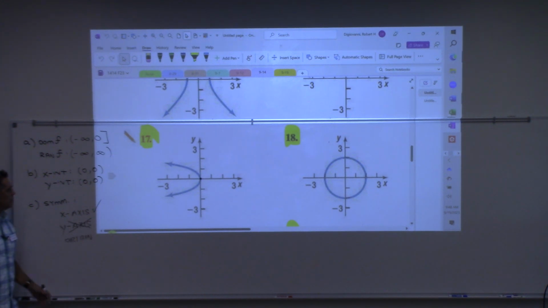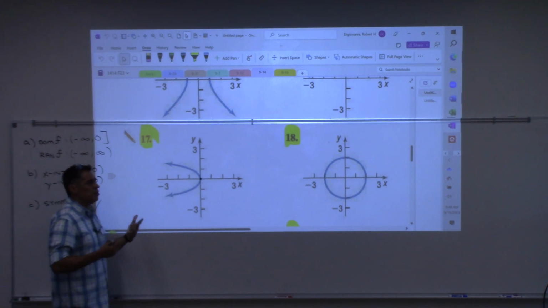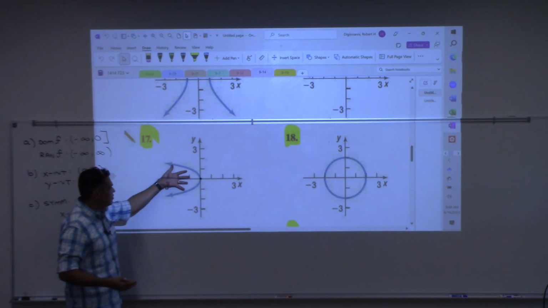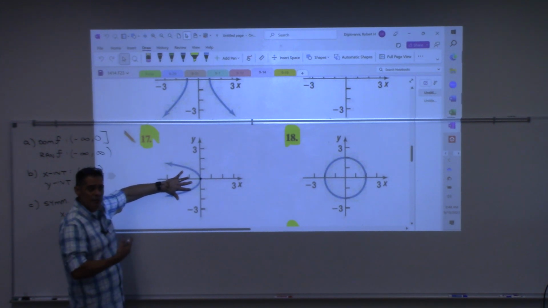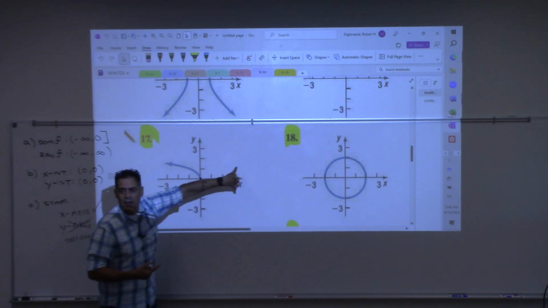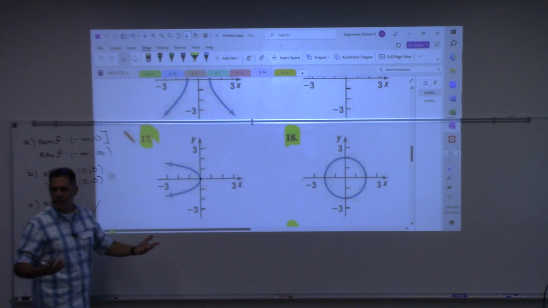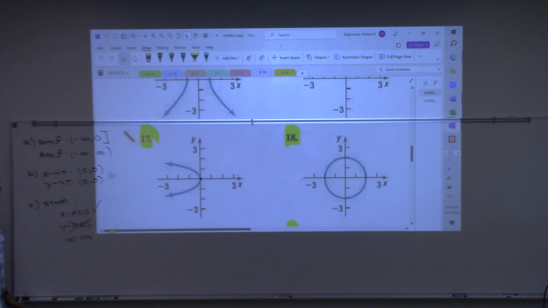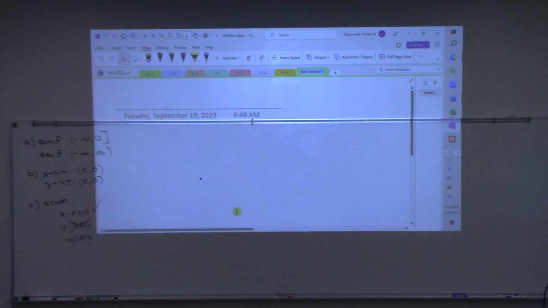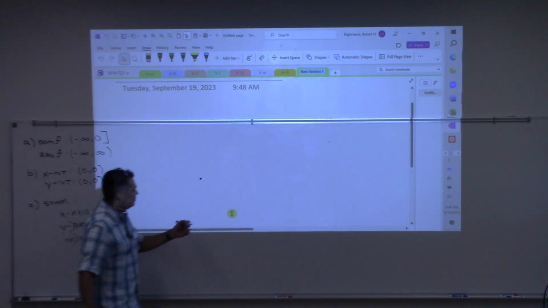No. So imagine, for origin, you have to do the double reflection. So first, let's reflect over the x. It's itself, right? But now go over the y. You don't get it, right? It doesn't wind up being the same thing. So you don't have symmetry over the origin here. I'm going to draw one real quick for you, just so you can see another one that does have origin symmetry. Here's one.